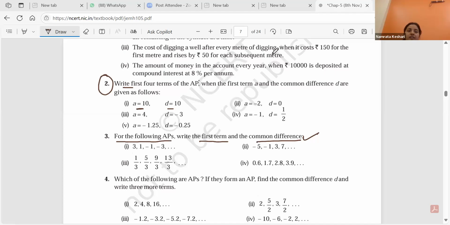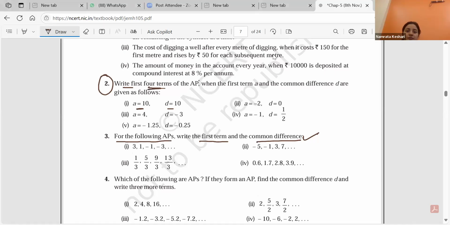Write the first 4 terms of the AP when the first term and the common difference are given. We understand the sequence really well. First term is A, next term is A plus D. If you are thinking that if the common difference is negative, it will not work, let me tell you, it will work.